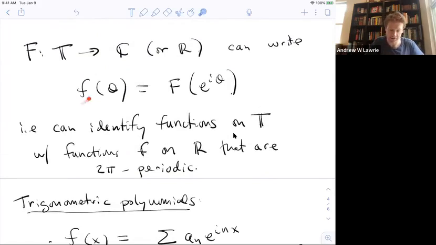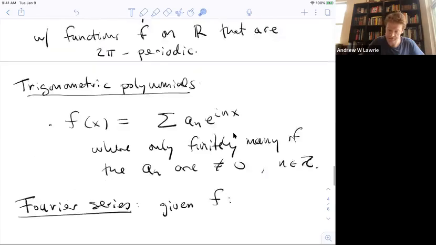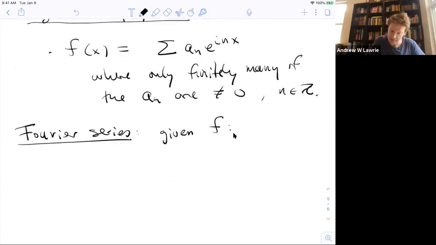I'm not going to write capital F of e^{iθ} for a function on the circle; I'm just going to write little f of θ for functions on the torus, just to compress notation. So instead of writing f a 2 pi periodic function on R, I'm just going to write f a function from the torus T to C.